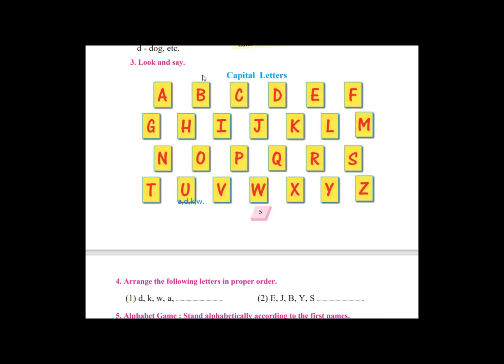The first comes B. So this will be the first number. After B, what is there? E. This E will be the second number. Then there will be J. The J will be the third number.